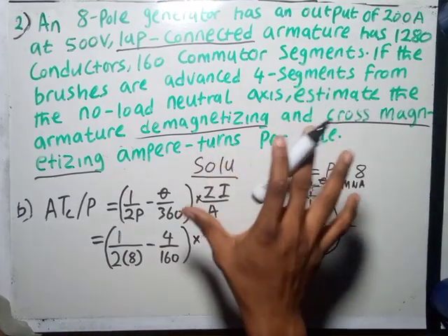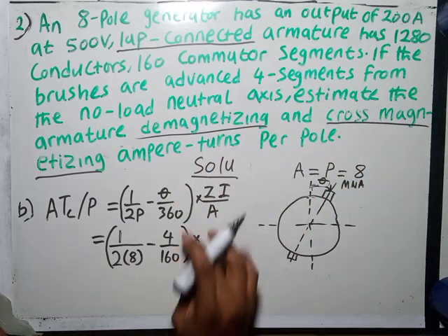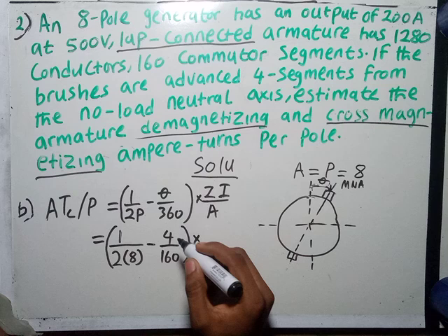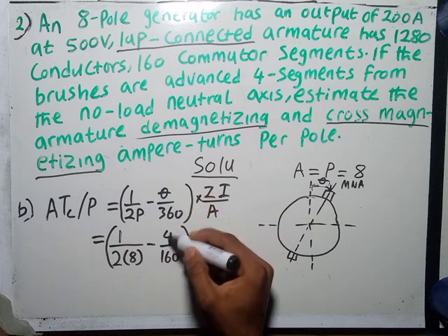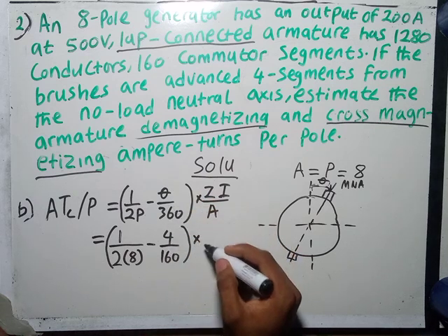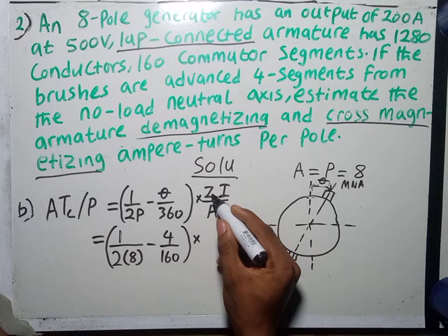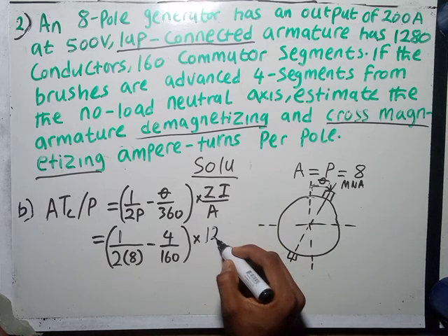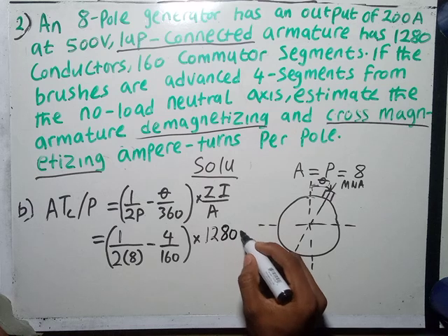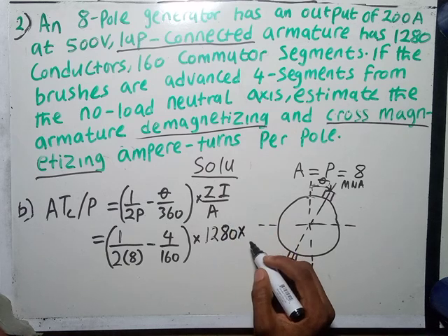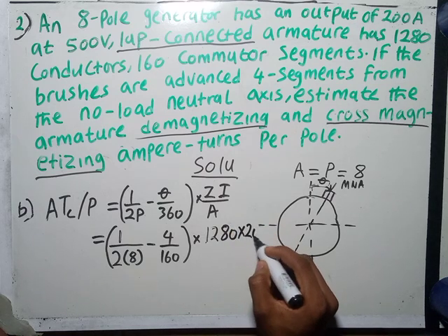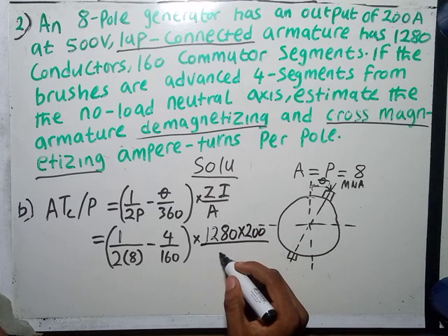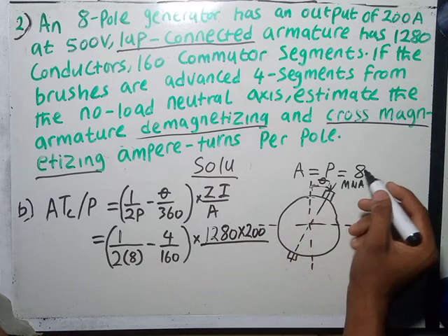It's just for the question we are solving. So this is not a constant relationship, but this is constant, while this might vary. So for our number of conductors, 128 multiplied by your current, which is 200, all over A, which in this case is 8.